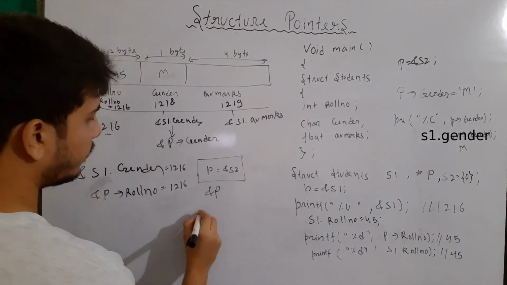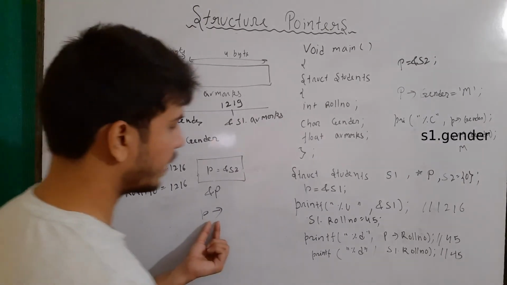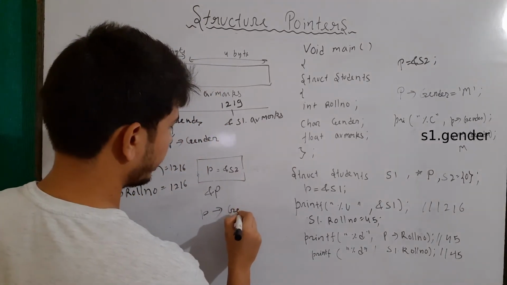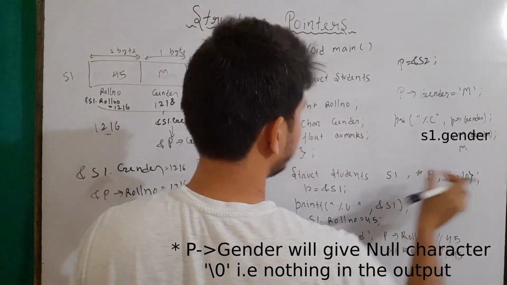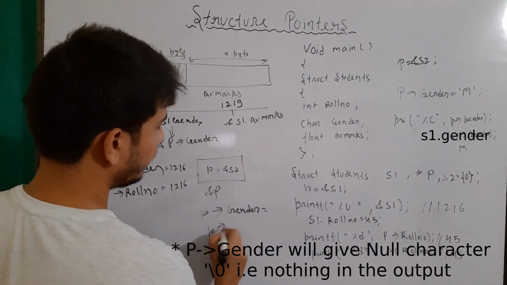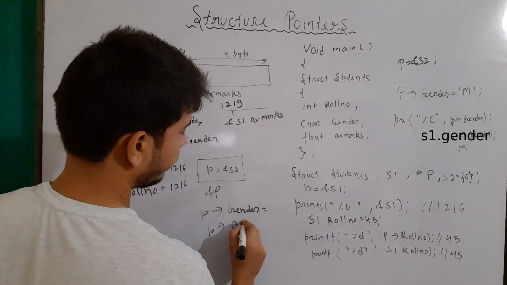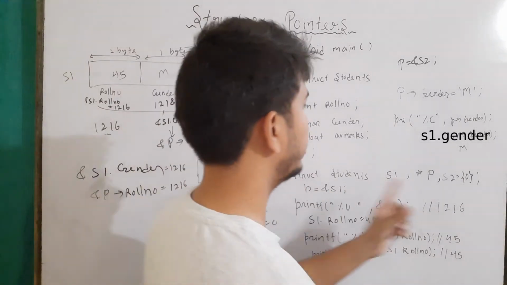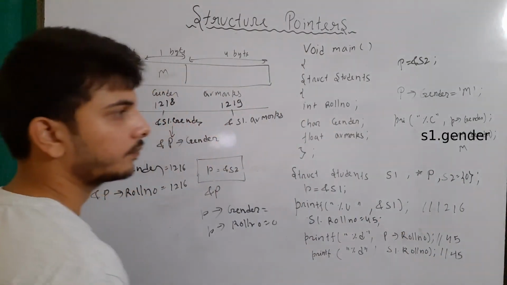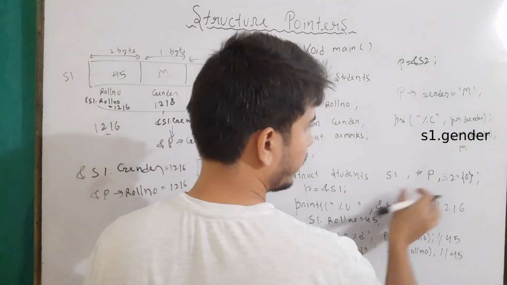If I write p arrow gender, it will give nothing, because I had initialized it with 0. Similarly, if I write p arrow roll number, it will give me output as 0, because it is initialized with 0. So this is how we use the structure pointer variable.